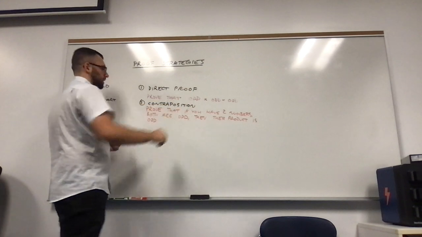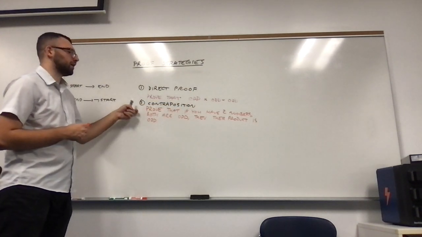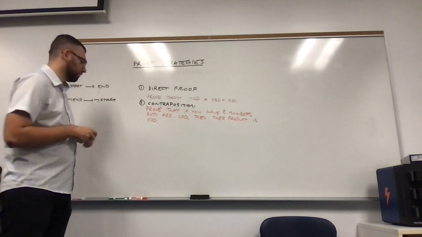And this almost sounds the same as this. I just put a few more words into it, but I want you to show this using contraposition. Okay, so show the same proof using contraposition.